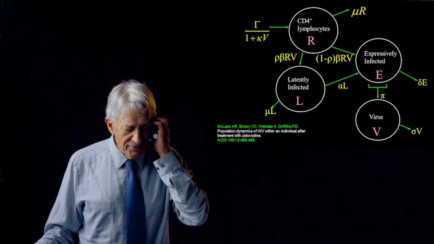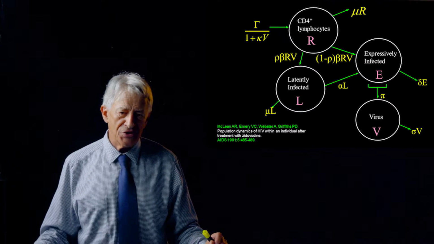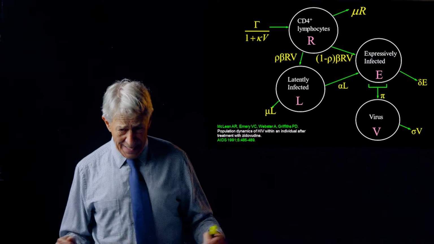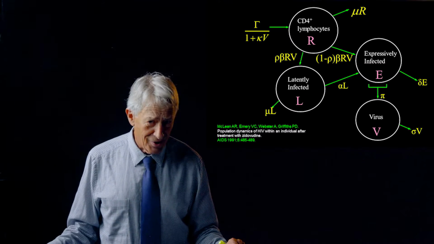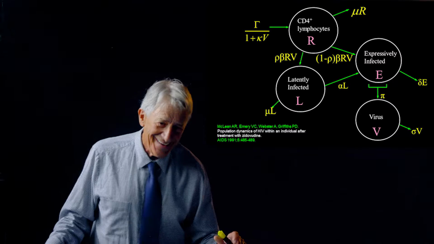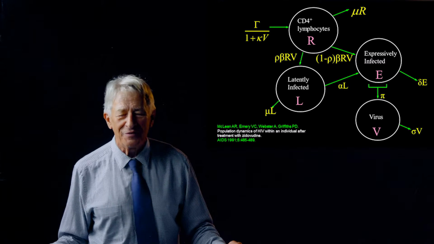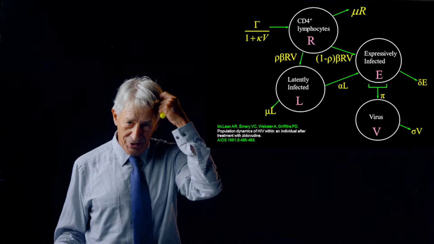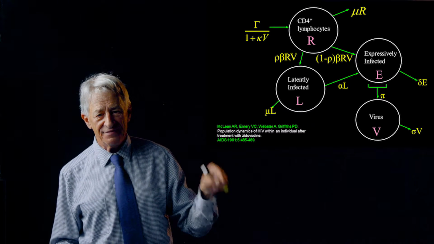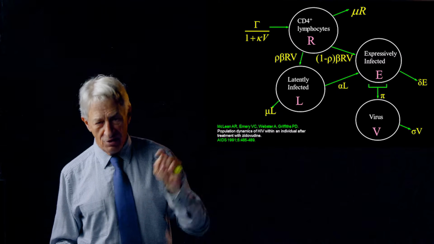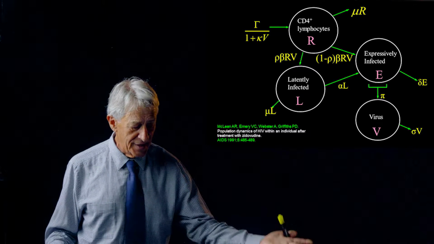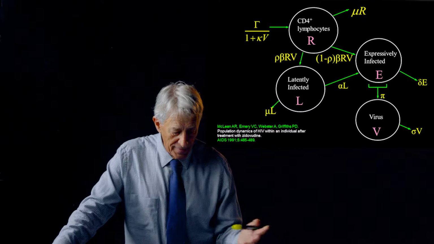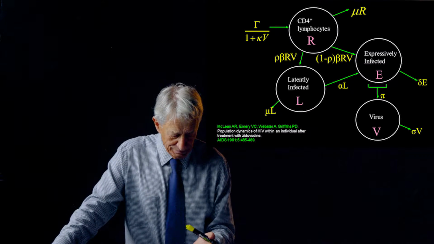So how often does an R bump into a V in your body? The answer is the product RV. And that's multiplied by the coefficient beta, because beta is the likelihood of an R meeting a V, resulting in the infection of the R and the production of more V. So their model is very straightforward.